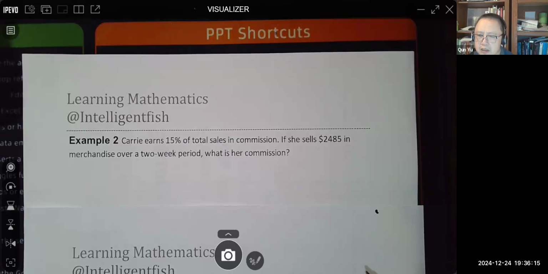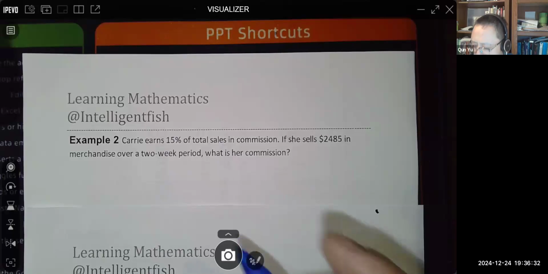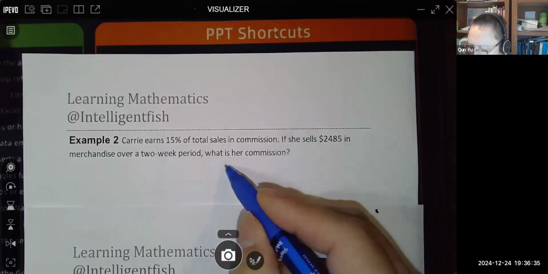If she sells $2,485 in merchandise over a 2-week period, what is her commission? Commission is just a portion of your total sales, in other words. So commission amount is the part. The whole thing is the total sales. So we're looking for her commission amount.